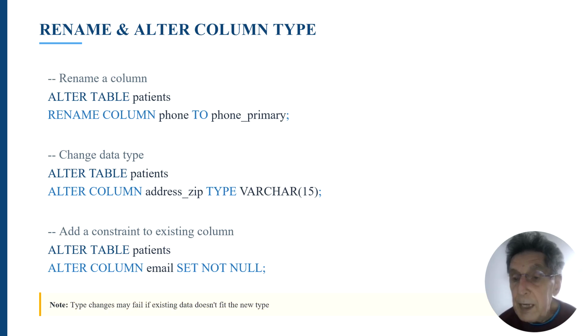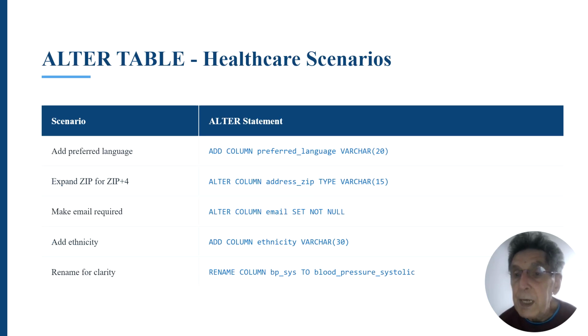So in the table that has that data, the email address field needs to be specified as not null, so that the patient has an active email address to log on to the patient portal. Now remember, type changes can fail if the existing data doesn't fit. Think about this. If you change a varchar(100) to varchar(50), it's going to fail if any of the records have more than 50 characters. So you have to check your data before you try to execute that command.